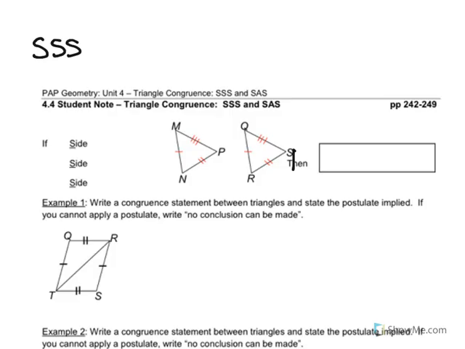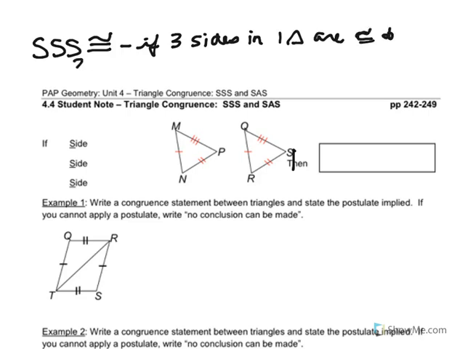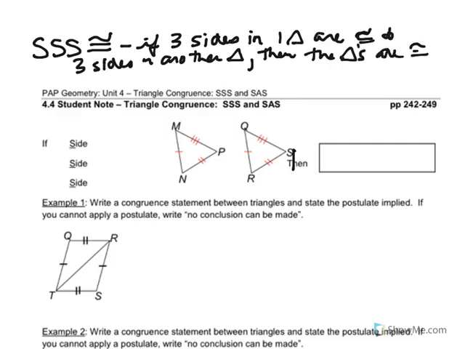And so side, side, side congruence is if 3 sides in one triangle are congruent to 3 sides in another triangle, then the triangles are congruent. Okay, so let's take a look at our first example.